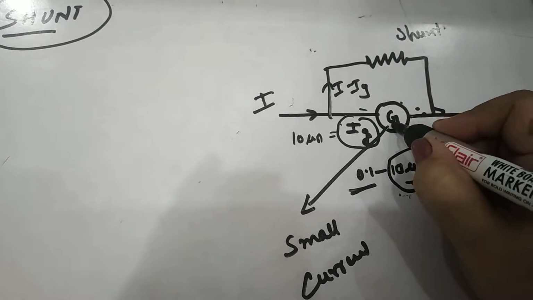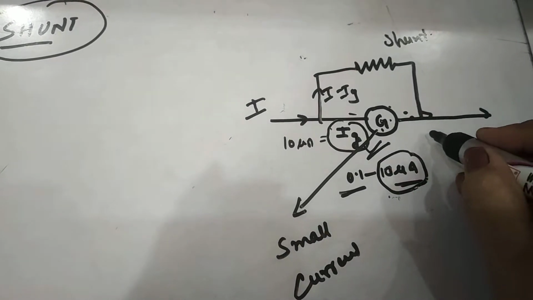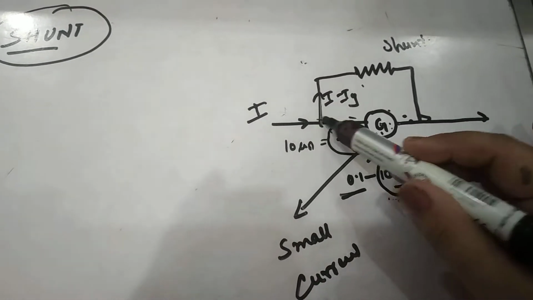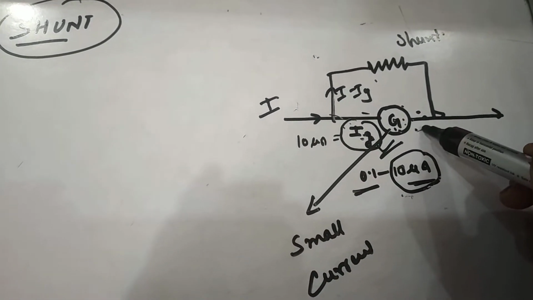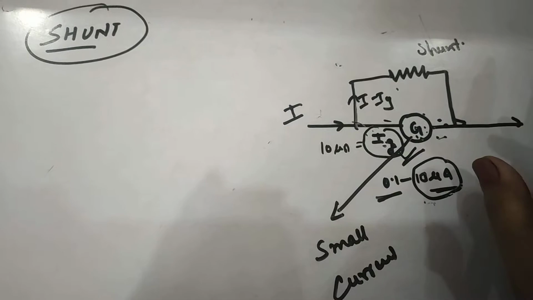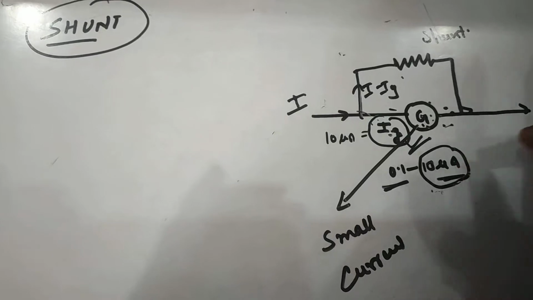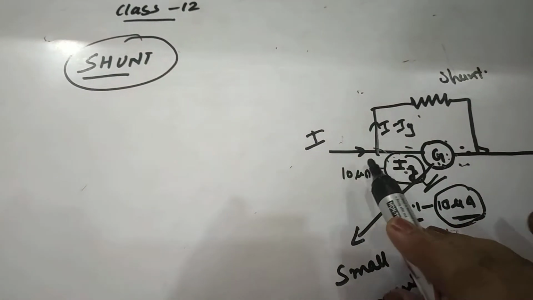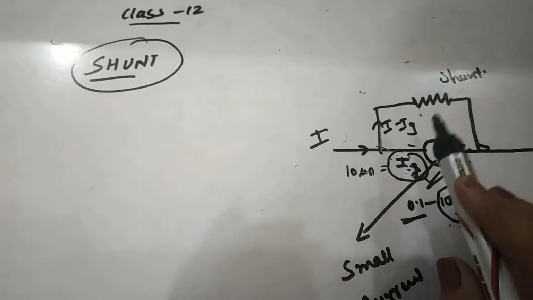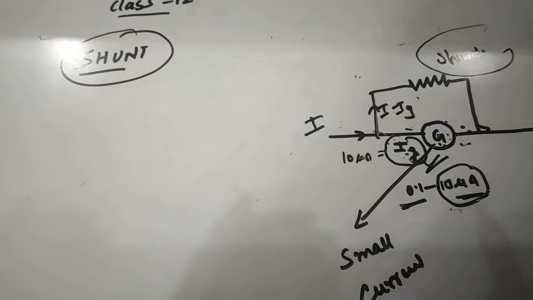No doubt, the galvanometer which was initially measuring only the current Ig will now measure the total current I. So we can say that on adding the shunt we can increase the range of the galvanometer, and each division which was measuring the current Ig will now measure the current I. So the shunt is actually the low resistance which is connected in parallel to the galvanometer.